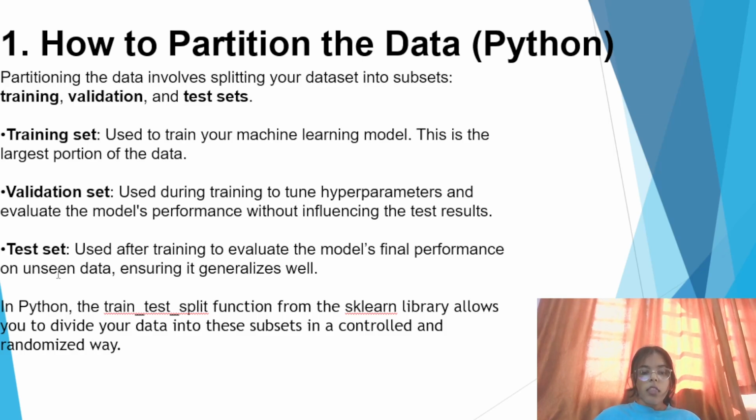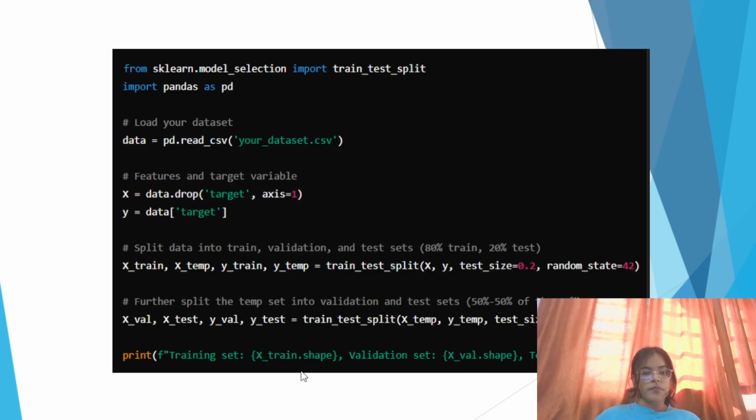The test set is used after training to evaluate the model's final performance on unseen data, ensuring it generalizes well. In Python, the train_test_split function from the sklearn library allows you to divide your data into these subsets in a controlled and randomized way.